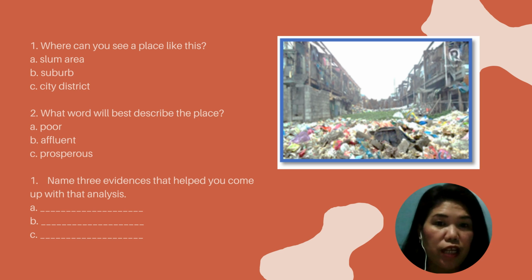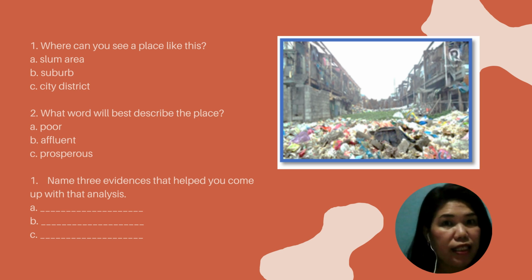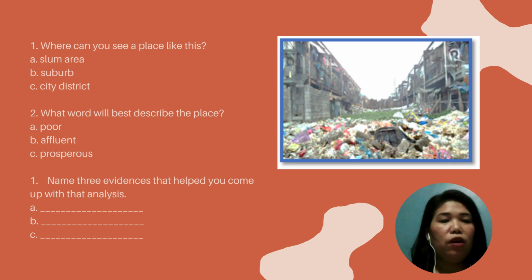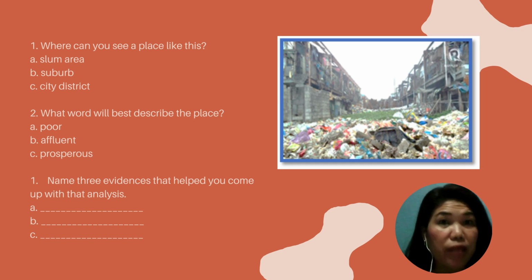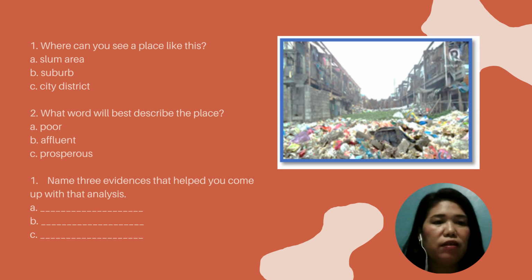Next picture. Take a look at that picture and analyze it carefully. Then, answer number 1 question. Where can you see a place like this? A. Slum area. B. Suburb. C. City district. Number 2. What word will best describe the place?